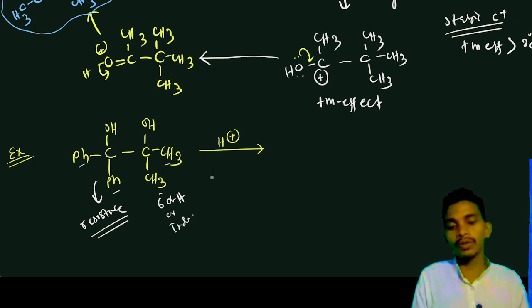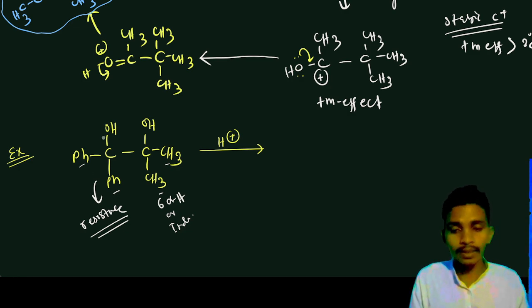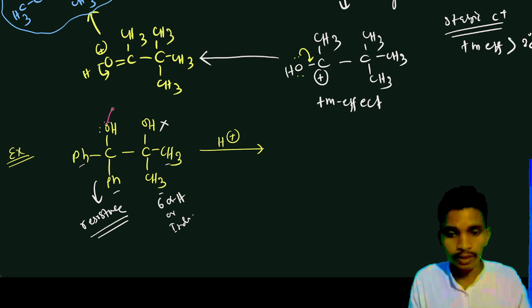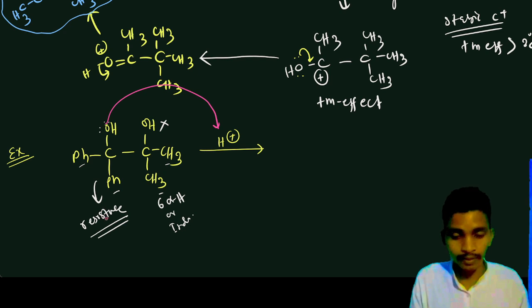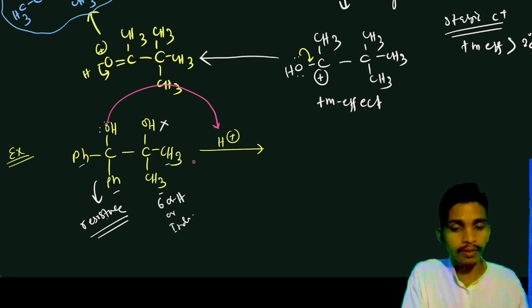So we know that first comes resonance, then we have hyperconjugation. It means that this will do the protonation, and this will not. So this will do the protonation, because this carbocation will be stabilized by resonance, whereas here the carbocation is stabilized by the 6 alpha hydrogens. Okay, so this will do the protonation.